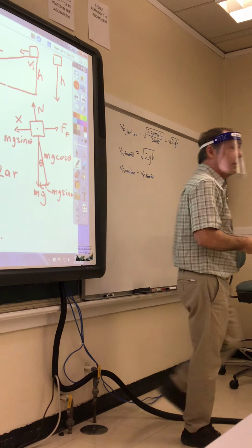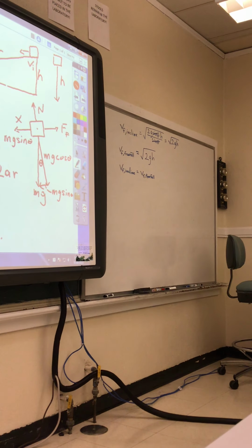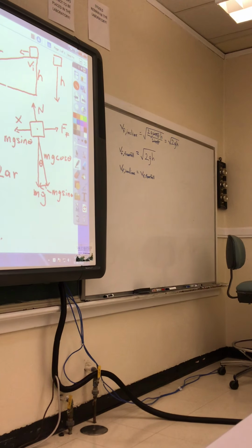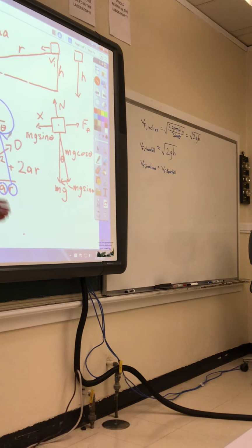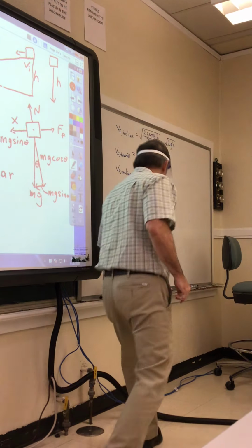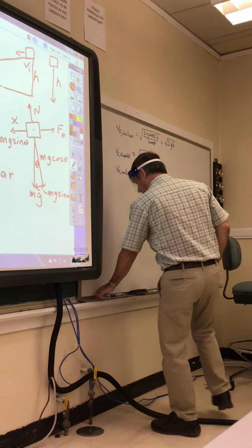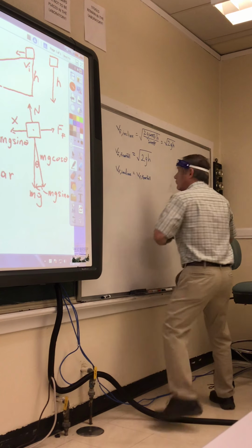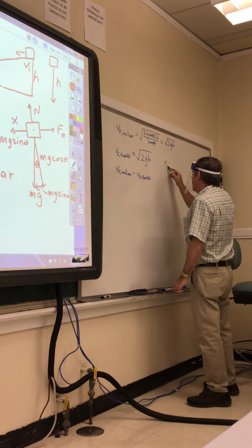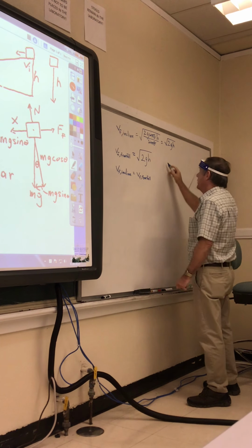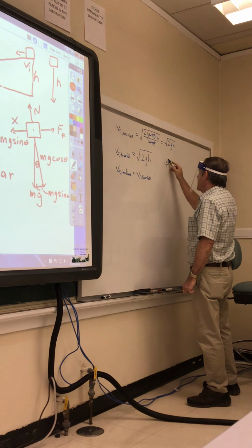Can you show how you got to the speed of the free fall block again? What term are we looking at? How did you get the square root of 2GH for the free fall? Let me redo this.